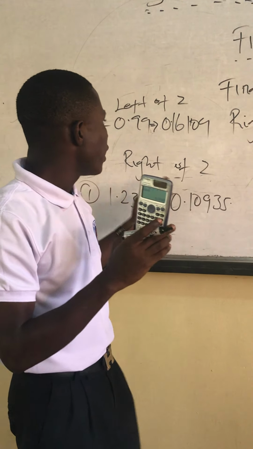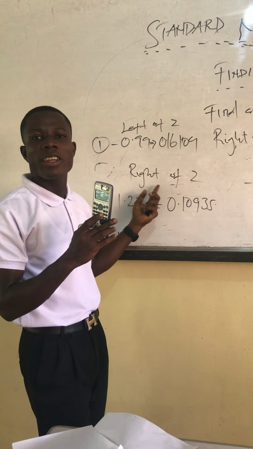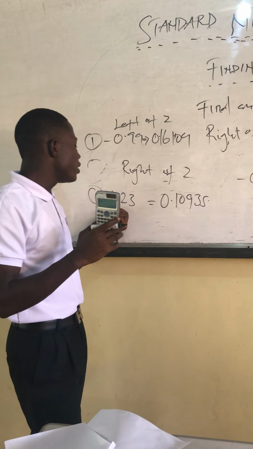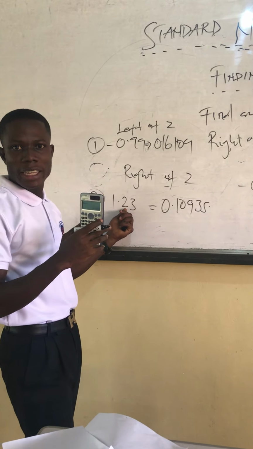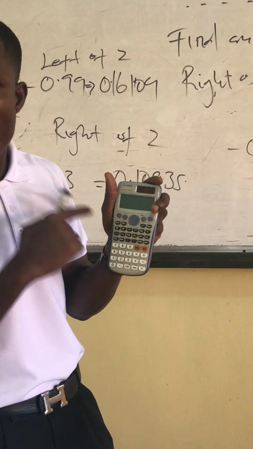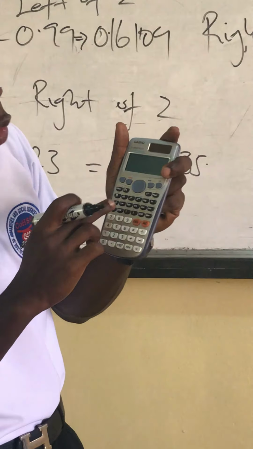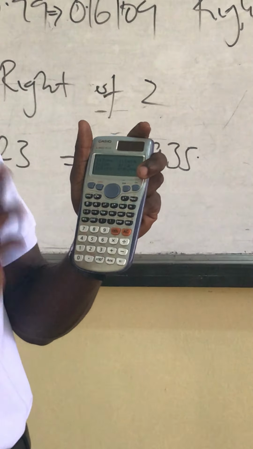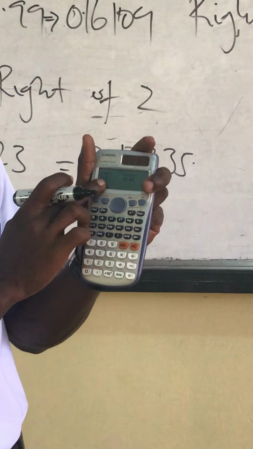Okay, then we are asked to find an area on the right of Z. And on the right of Z, the Z was 1.23. So because it is on the right of Z, we will use what? R on the calculator. So you press Shift 1, then you go to distribution, that is 5. Then you go to R. R is 3.